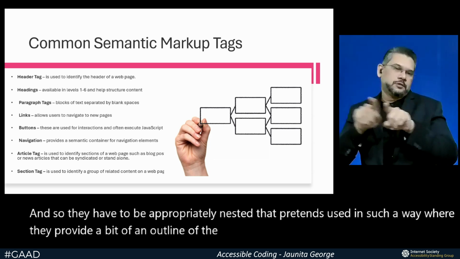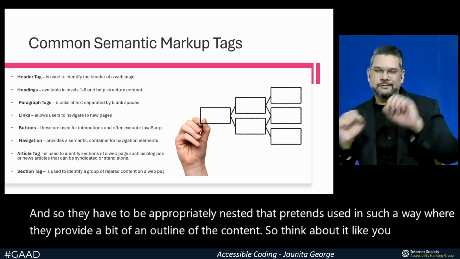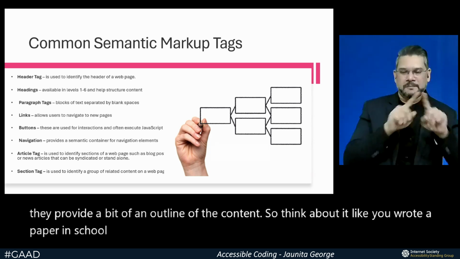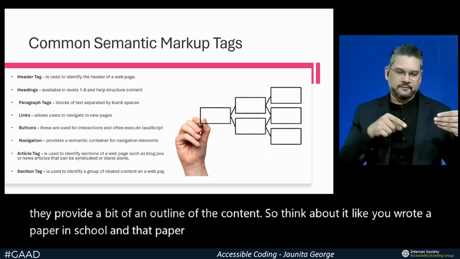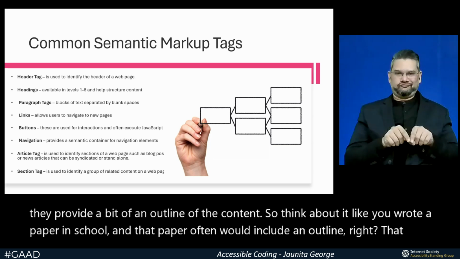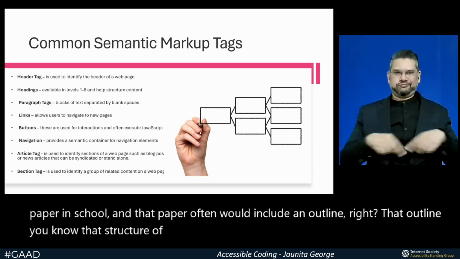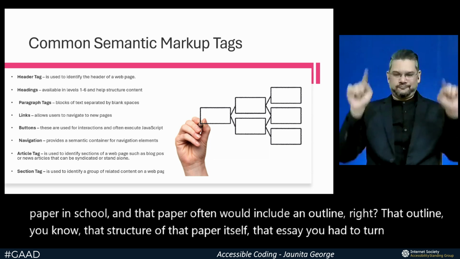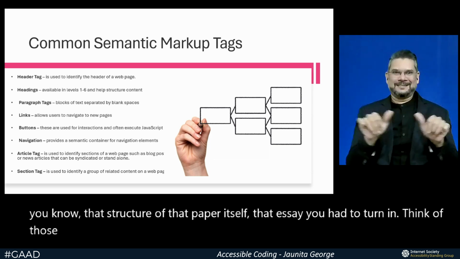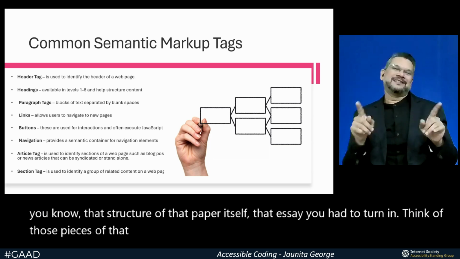So think about it like you wrote a paper in school, and that paper often would include an outline, right? That outline, that structure of that paper itself, that essay you had to turn in, think of those pieces of that outline as your headings.